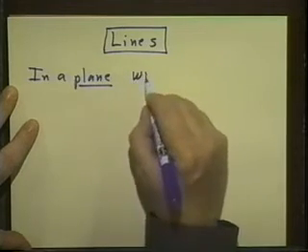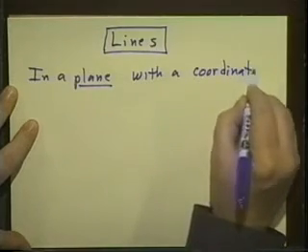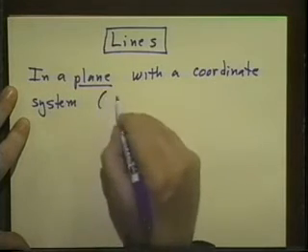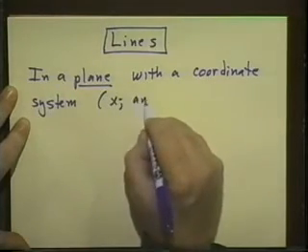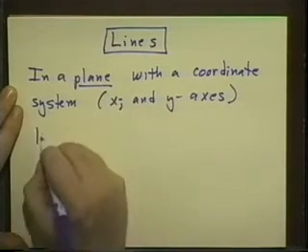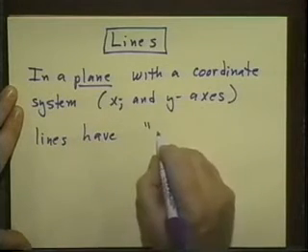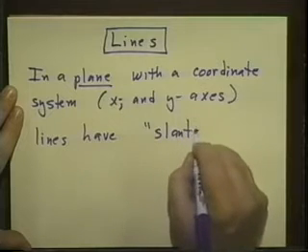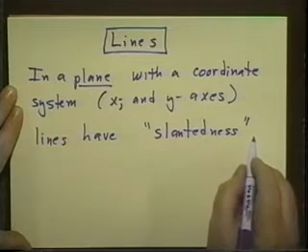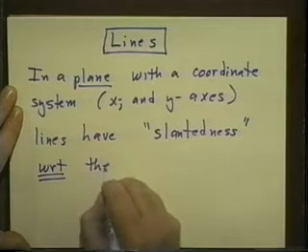However, in a plane with a coordinate system, like our plane with the rectangular coordinate system, and in our case that's x and y axes, lines have what you might refer to, say, if you were beginning to think about this, as slantedness. And the slantedness is with respect to the axes.